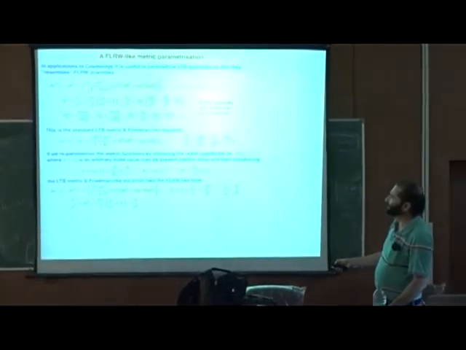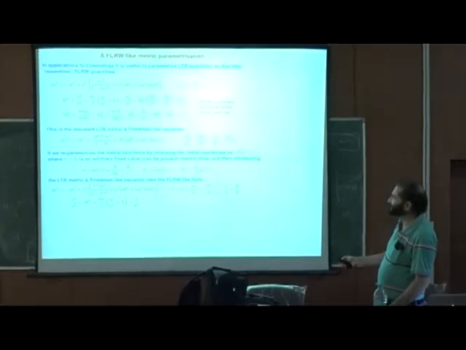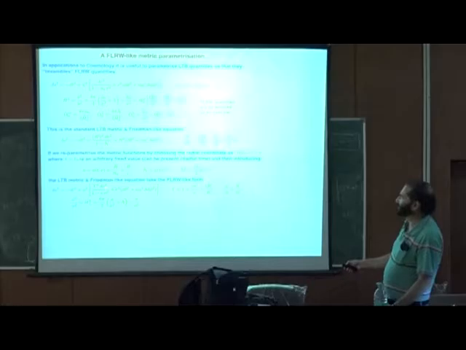Compare this with this. This is the same. Instead of A bar, we have A. Then here we have something that is explained here. This gamma is essentially R prime affected by this parametrization.